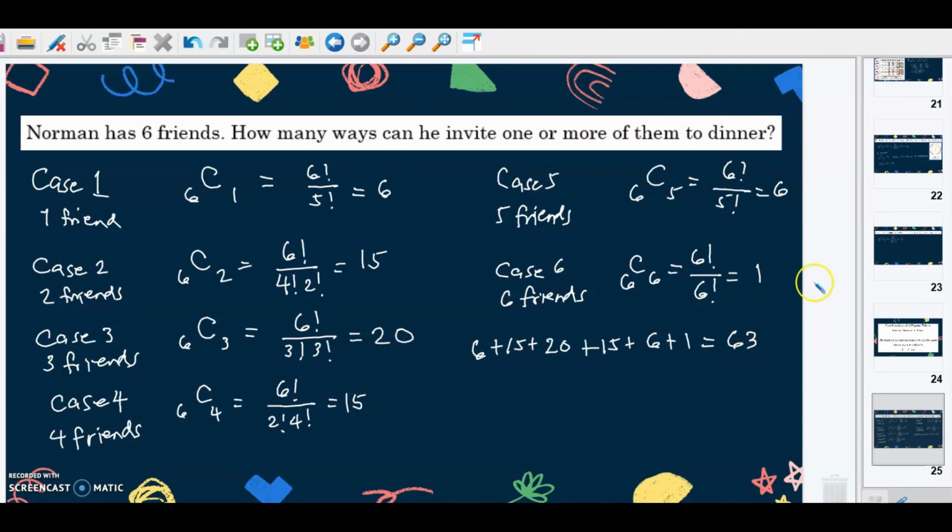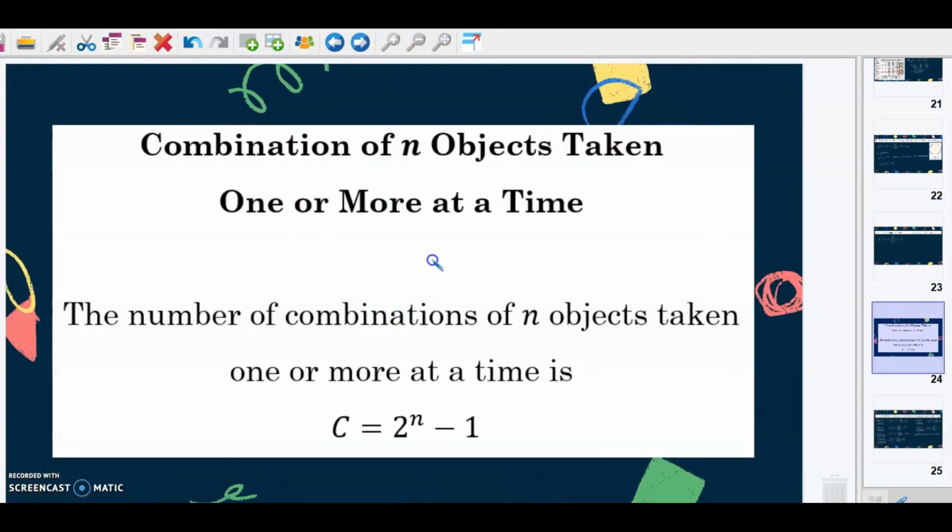To make this solution short, I will introduce to you this concept of combination. This is the concept where you find the number of combinations of n objects taken one or more at a time, which is given by the formula 2 raised to n minus 1.